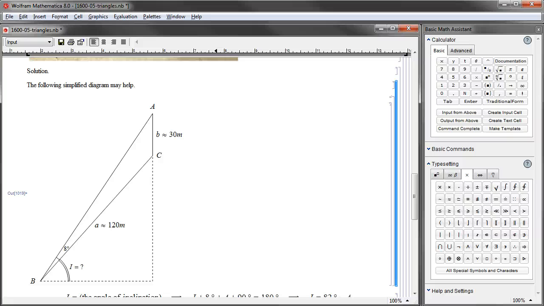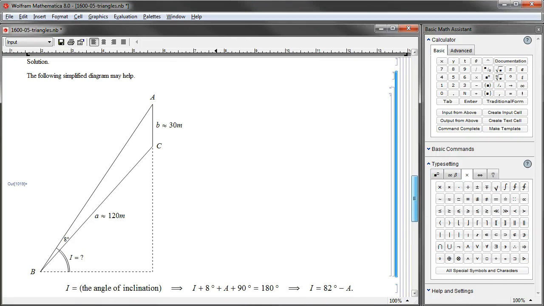In order to do that, you have to find the internal angle capital A, the top angle. Why? Well, look at the right triangle: I plus 8 plus A, the top angle, plus 90 degrees turns out to be the sum of the internal angles of a triangle, so it's 180 degrees.